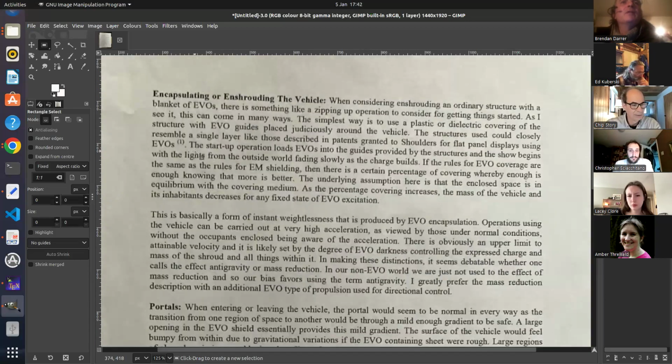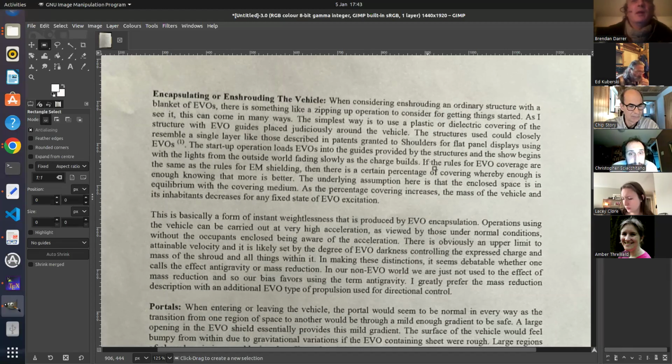The startup operation loads EVOs into the guides provided by the structures, and the show begins with the lights from the outside world fading slowly as the charge builds.